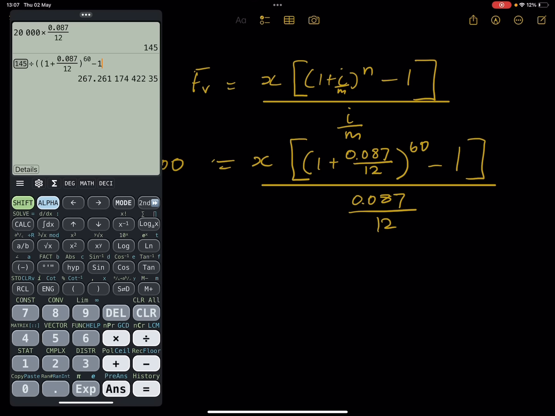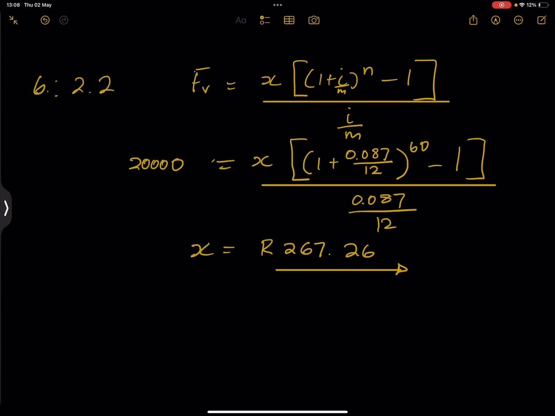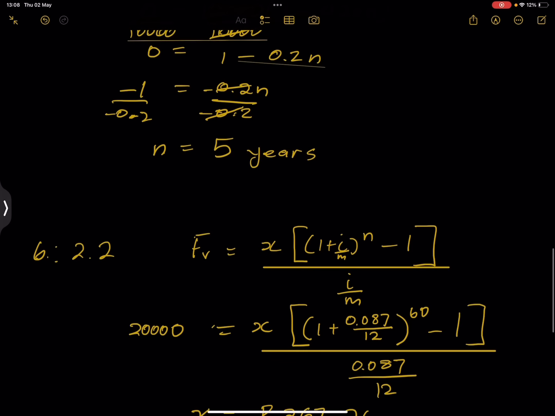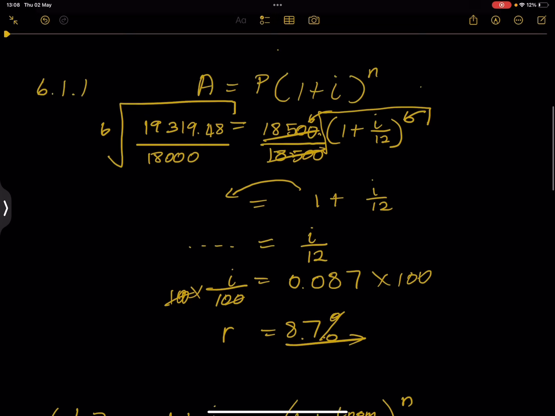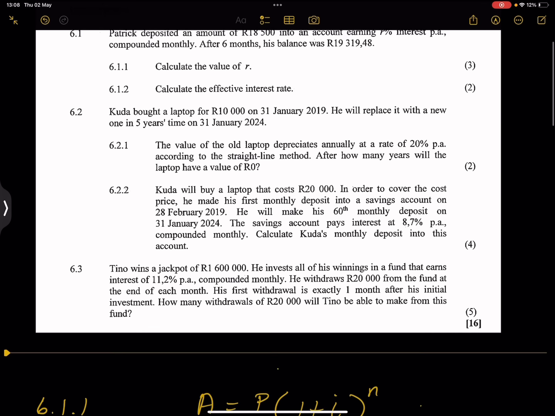Okay, so let's close that bracket. And what do we get? He must make a monthly deposit x of 267 rand and 26 cents into that account on a monthly basis so that he will be able to make that purchase. Okay, right, so that is how the cookie crumbles, ladies and gents.